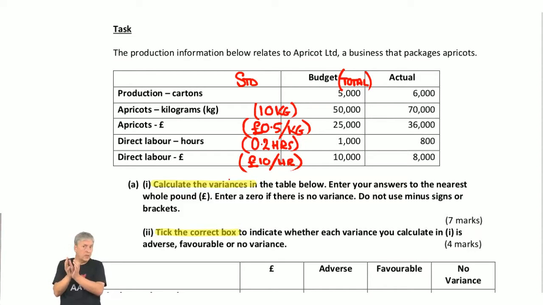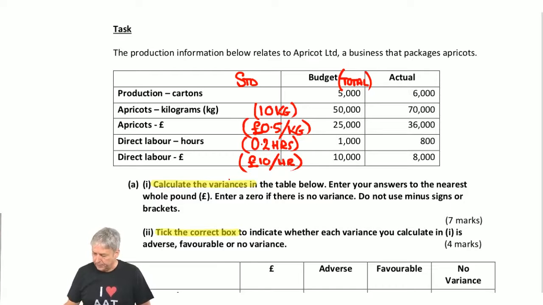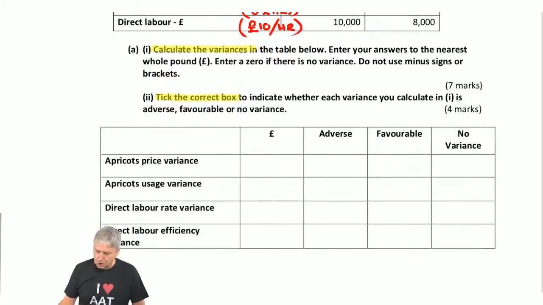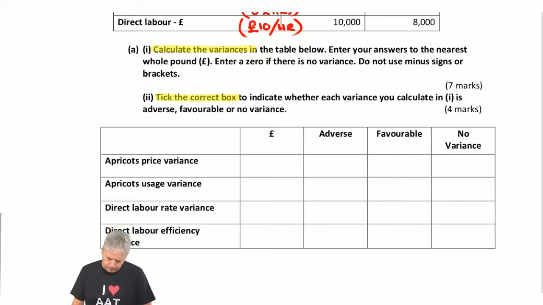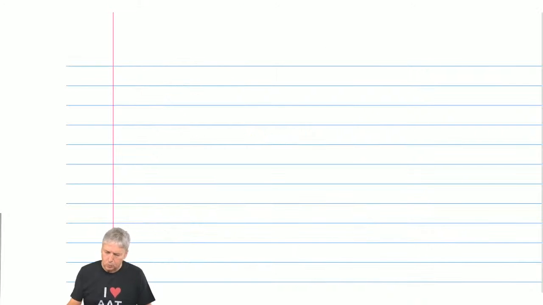So I'm hoping that this is something, as I said before, that you can just do, because it is a base skill that you're expected to be able to do. Now, obviously we want to slot our variances into the boxes below, but it probably makes sense for us to go away and to prepare a separate working.